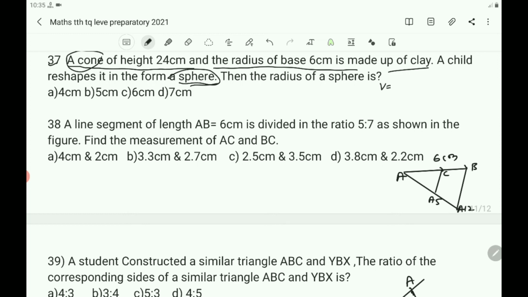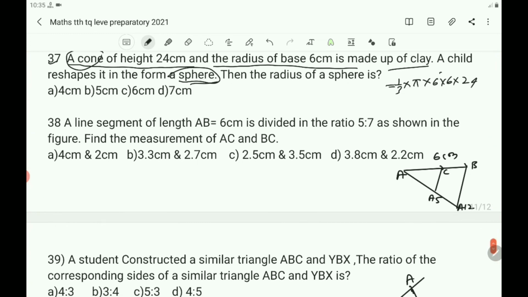Volume of the cone is equal to 1 by 3 into pi r square h. Pi into r is 6 square, or 6 into 6 into 24. That is equal to the volume of the sphere. Then what is the formula to find the volume of the sphere? That is 4 by 3 pi r cube. Then here 3 cancels, and 4 1s are 4, 6.